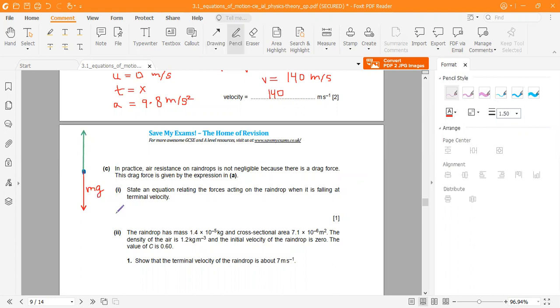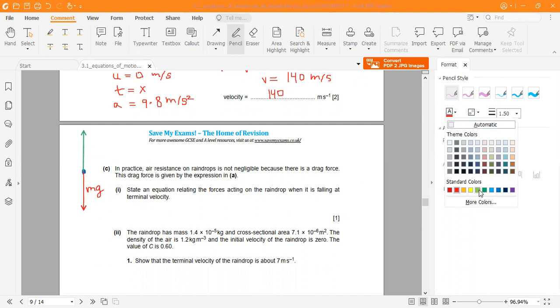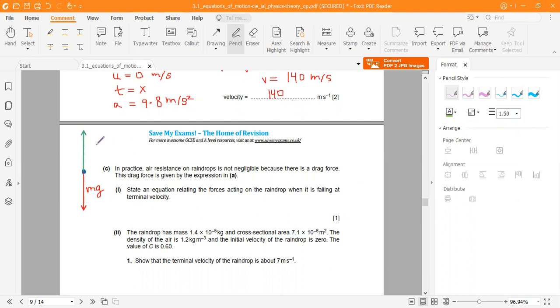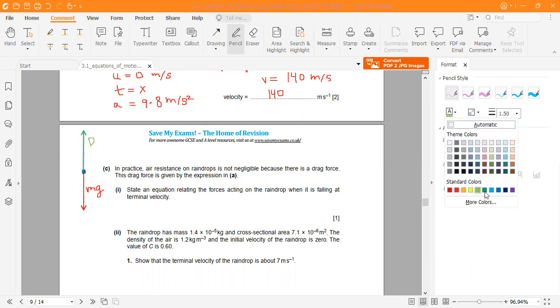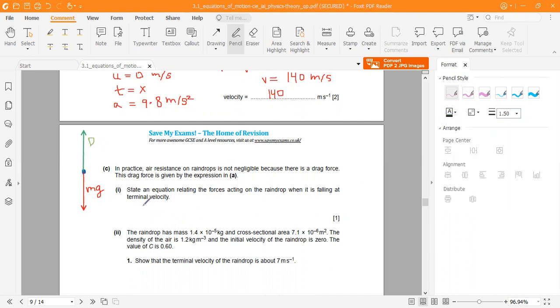And then if you look at the above portion, there is this drag force, D. So a simple equation I can write is mg minus D. This is equal to the net force, and the net force is equal to mass times acceleration.